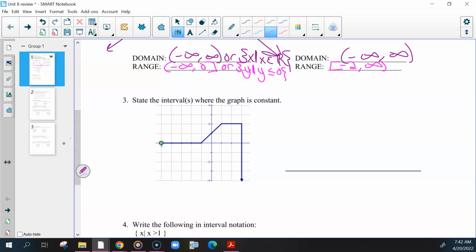For number 3, it's asking where this graph is constant. So remember, that's where your y is not moving at all. It's staying at the same place, but your x is still moving forward. So on this graph, I can see my y is staying the same here and here. On this vertical line, your y is not staying the same, but your x is. That is not a constant.